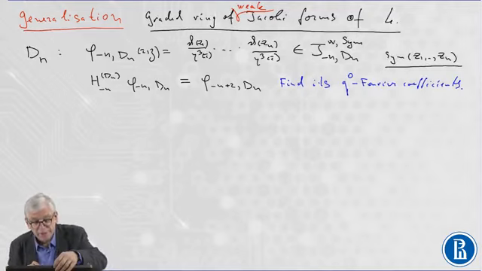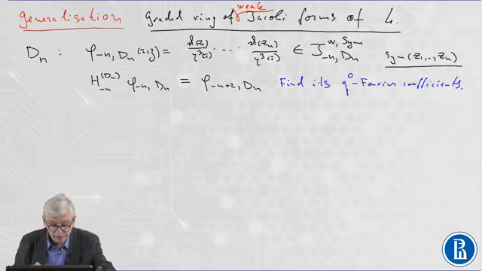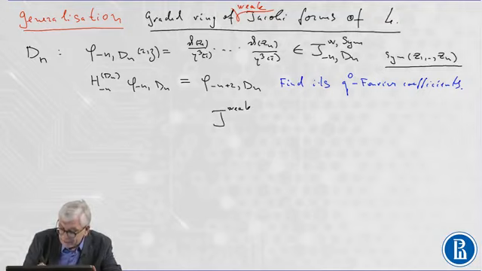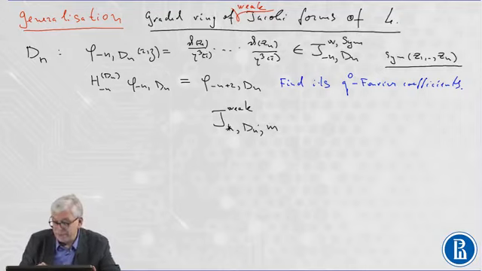Using this argument and this procedure, you can really try to analyze the graded ring of weak Jacobi forms of arbitrary weight for the lattice Dn with arbitrary index m.